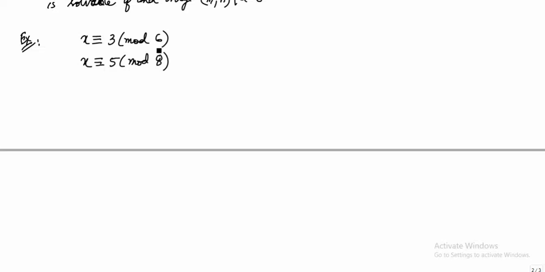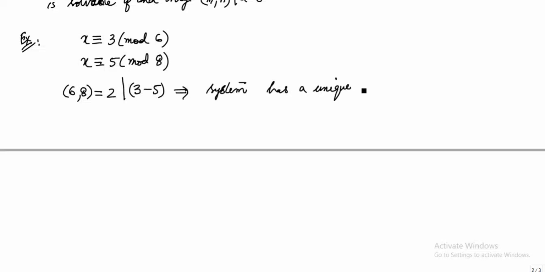And look at here, the GCD of 6 and 8 is not 1, so they are not relatively prime, but the GCD of 6 and 8 is 2, which divides the difference 3 minus 5. So this implies the system has a unique solution.